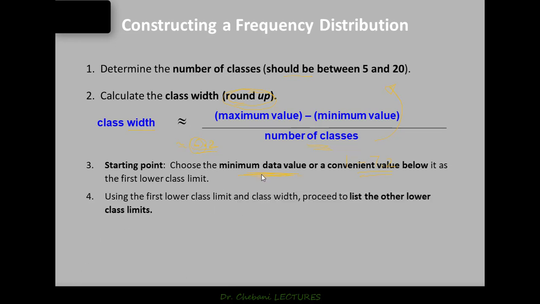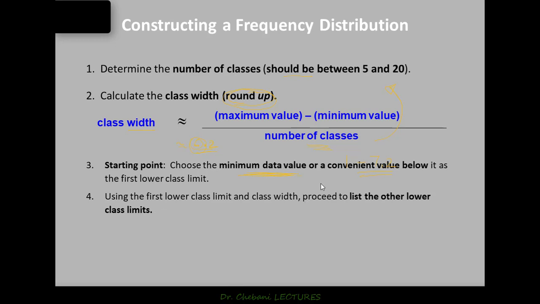After you determine the minimum data value, which is the first lower class limit, you use it and the width to list the other lower class limits.